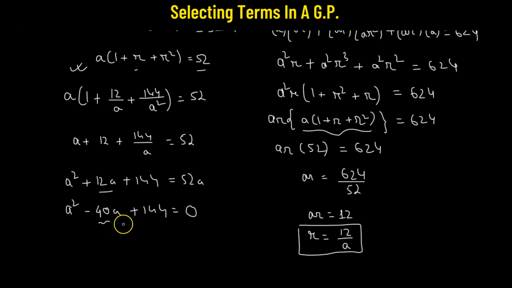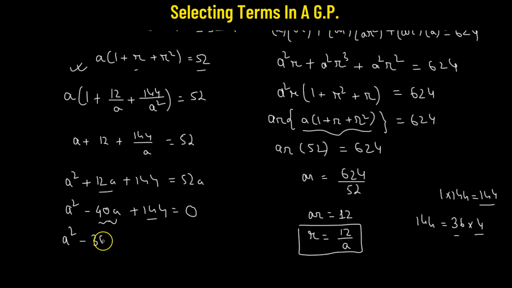Now this is a quadratic equation. We can split the middle term in such a way that the coefficient of a squared here is 1 and the constant term is 144. So 1 times 144 equals 144. Now we can also rewrite 144 as the product of 36 times 4. We are choosing 36 and 4 in such a way that we can split the middle term.